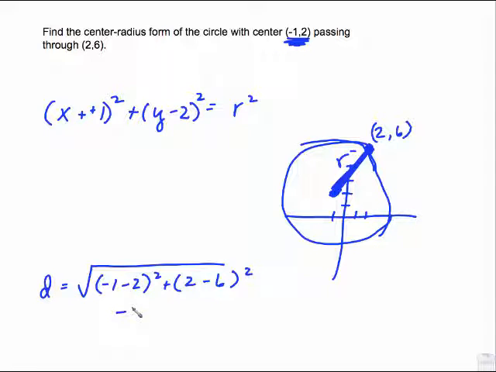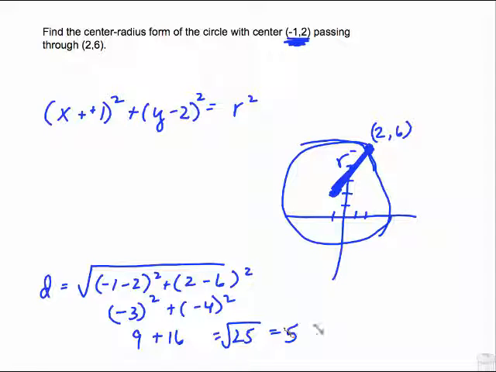Negative 1 minus 2 is negative 3 squared. 2 minus 4 is negative 4 squared. Negative 3 squared is 9. Negative 4 squared is 16, which gives me 25. But it's the square root of 25, which is 5. So my radius is 5. So what needs to go here in the r squared place is 5 squared, which is 25.